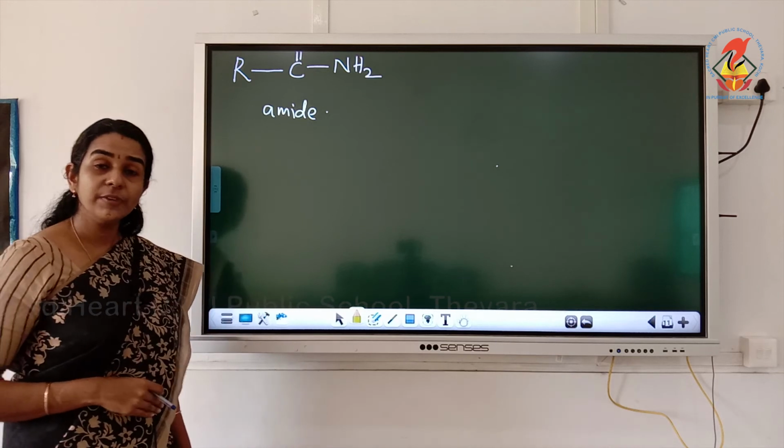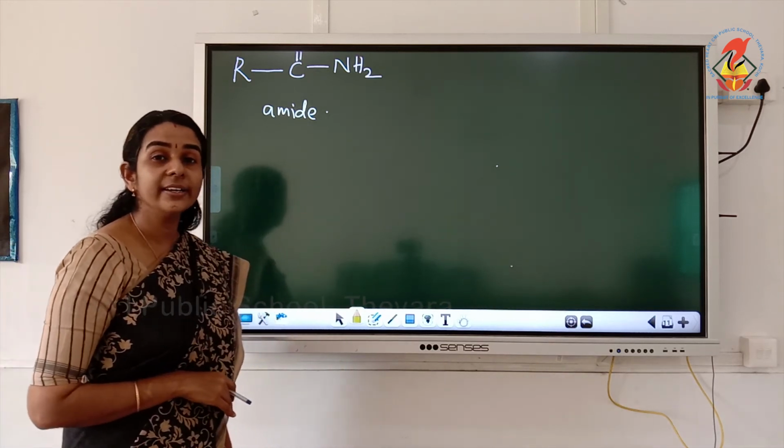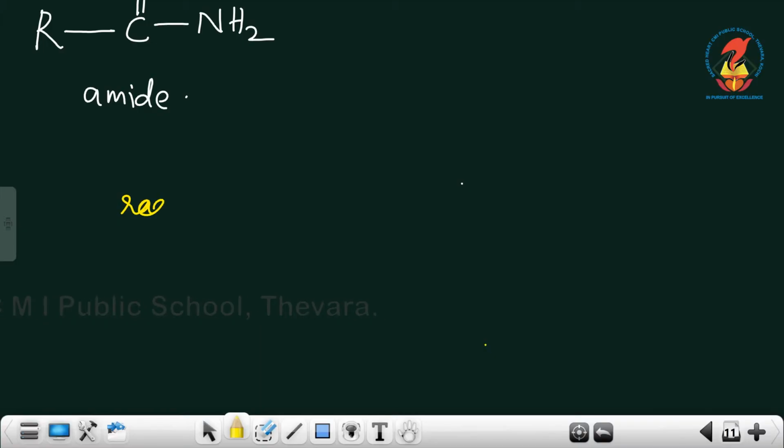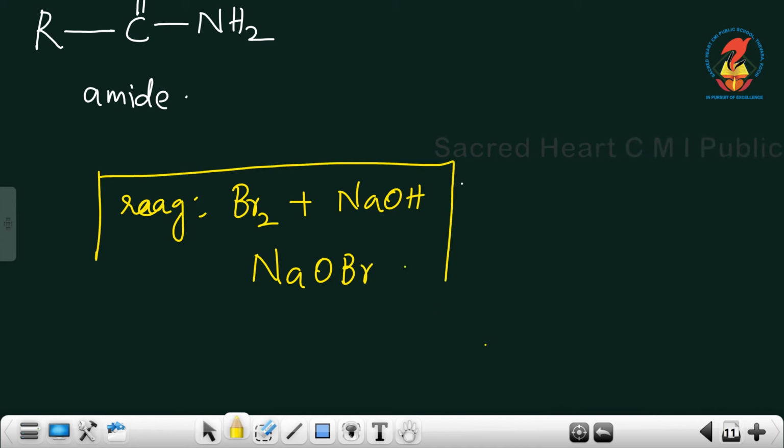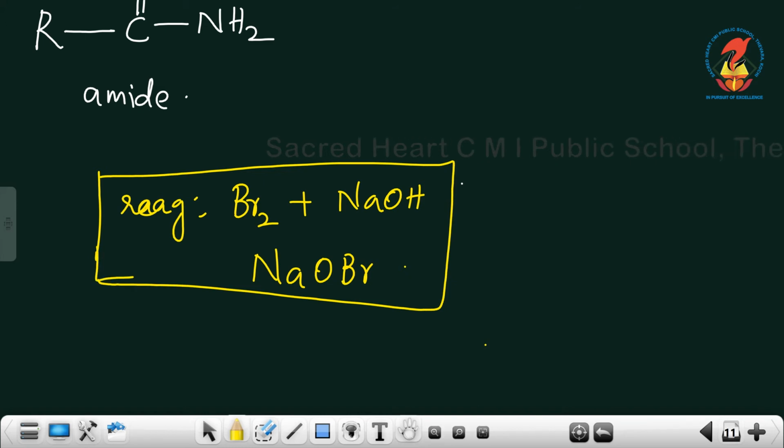The reagent that we use for Hofmann bromamide reaction is bromine in aqueous or ethanolic solution of NaOH. Either we can write it as Br2 plus NaOH, or we can write it as NaOBr.